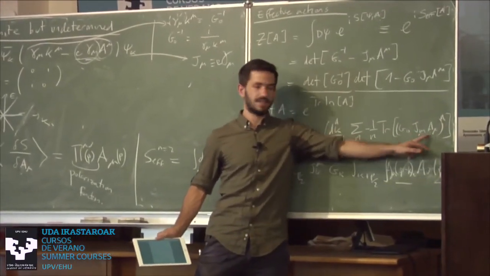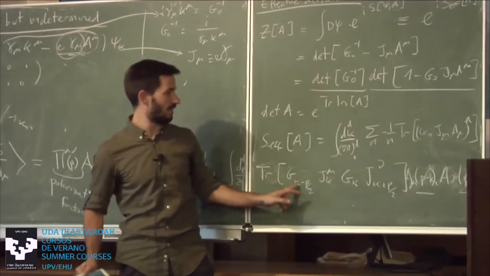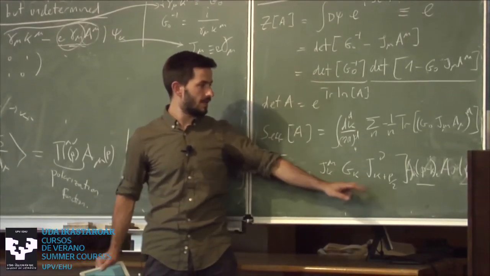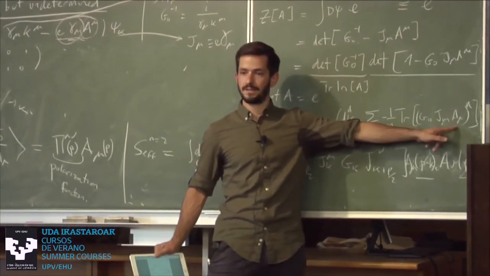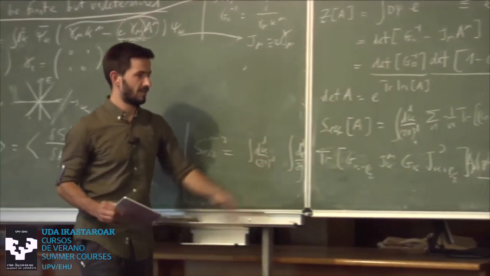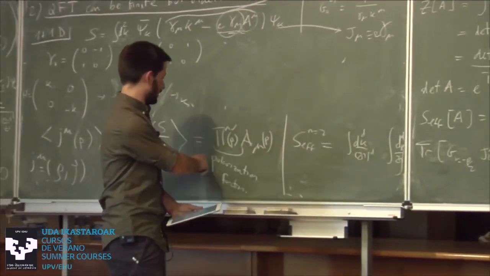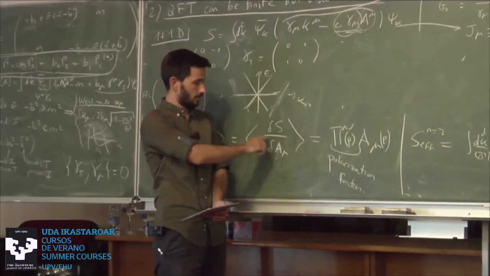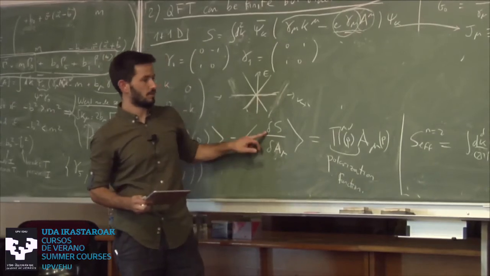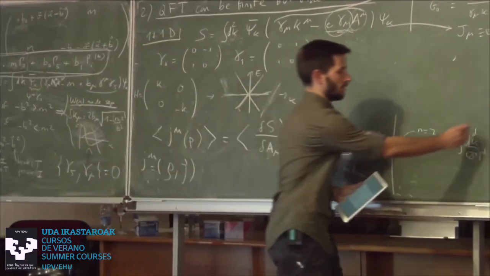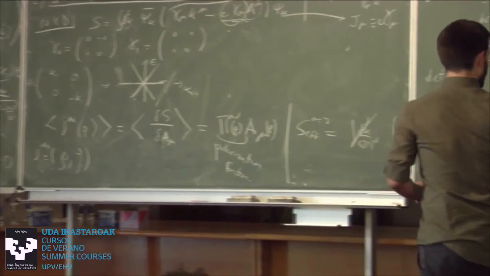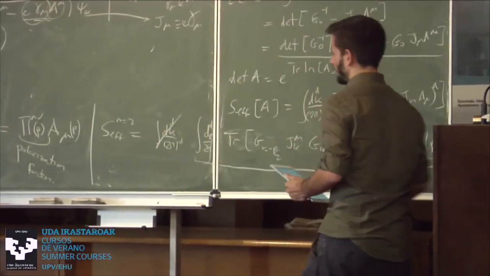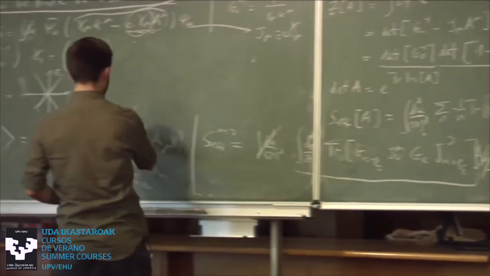The second order, I have this thing squared, right? So I will have two Green's functions, two currents, contracted with two A's, and this is going to be my effective action. And now I have to take the derivative, or the variation, with respect to one A. So this is going to kill one of the integrals, and it's going to kill one of the A's. And I'm going to be left with this times an A. So this is just the polarization function.